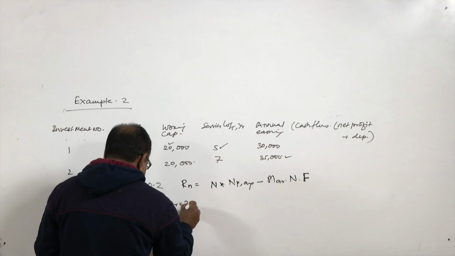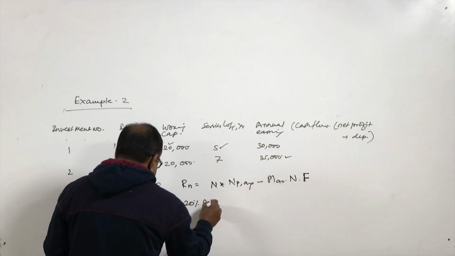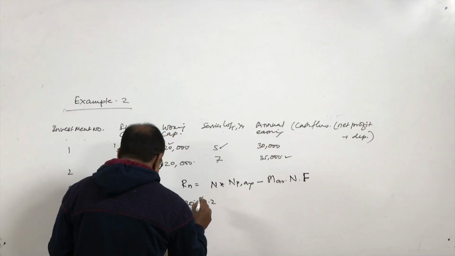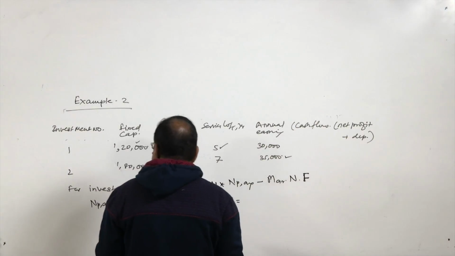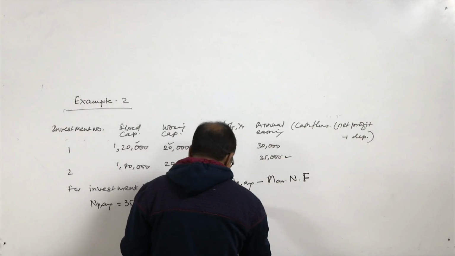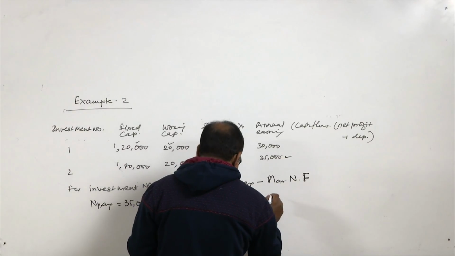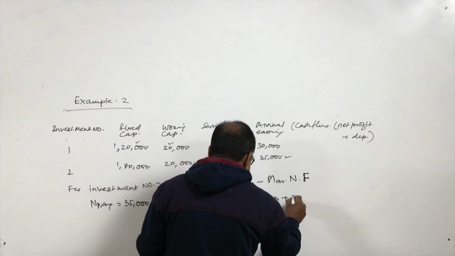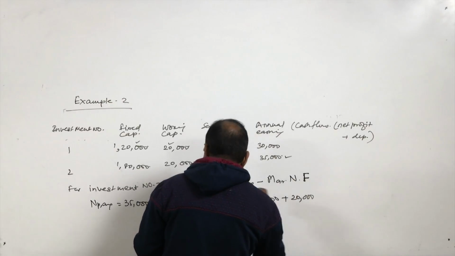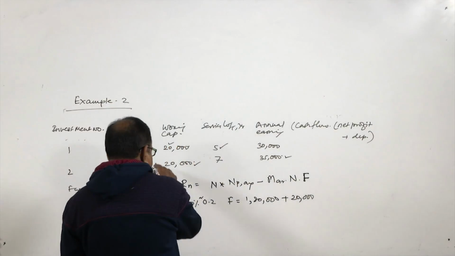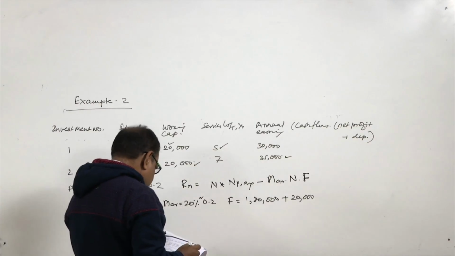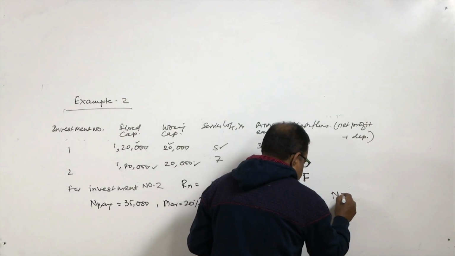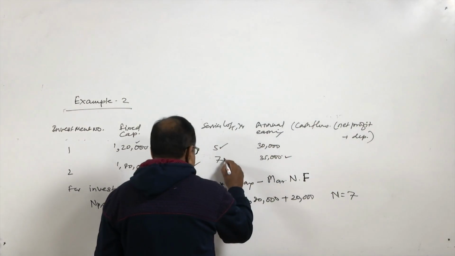MAR is equal to 20% or 0.2. F is equal to 1,80,000 plus 20,000. Here I have taken 1,80,000 from here, and n is equal to 7 years. It is taken from here.